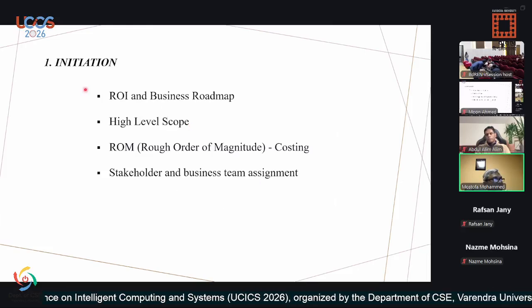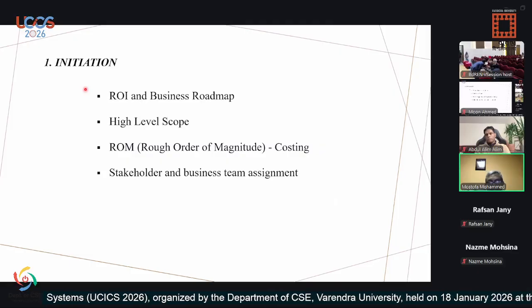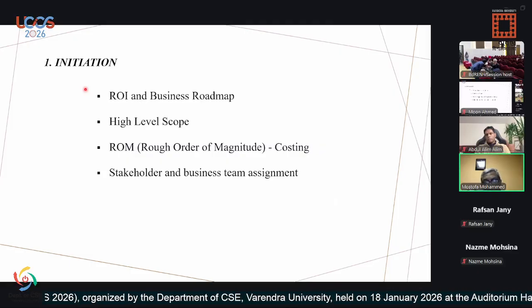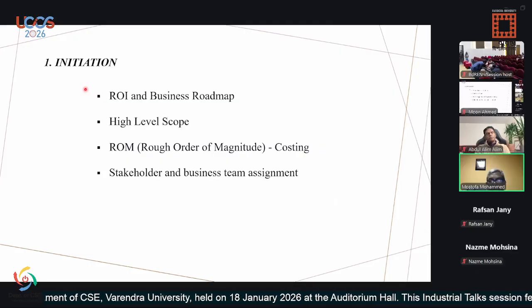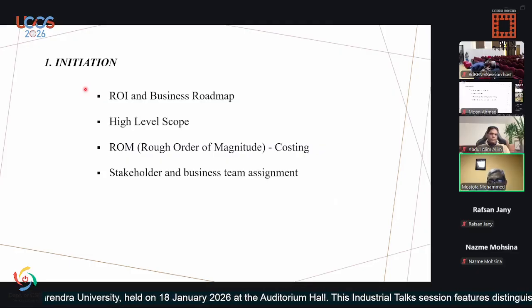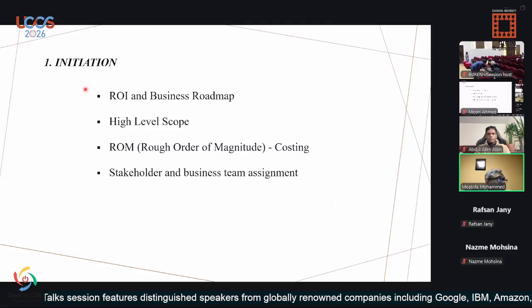Every project has to deliver certain functionality which has some impact on the business process, because IT does not exist in its own space. It usually supports the business process, and a business usually supports the end users or the customers. So for that to happen, we have to know what the scope is.